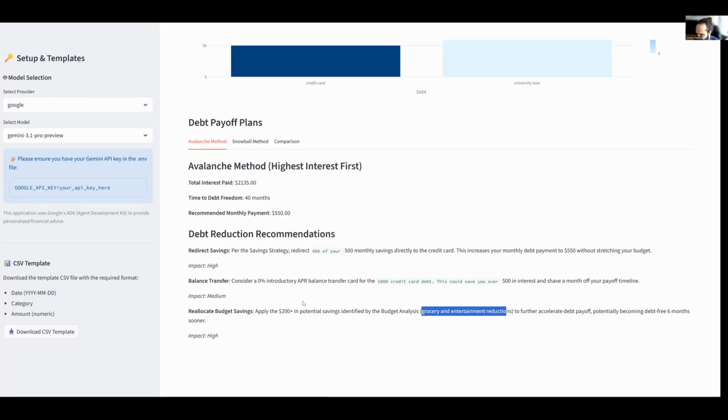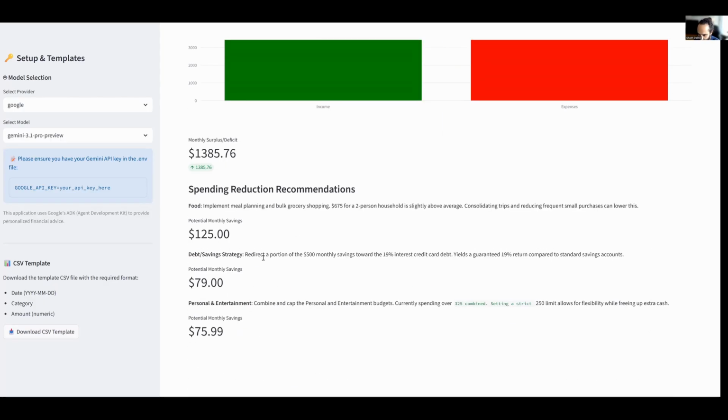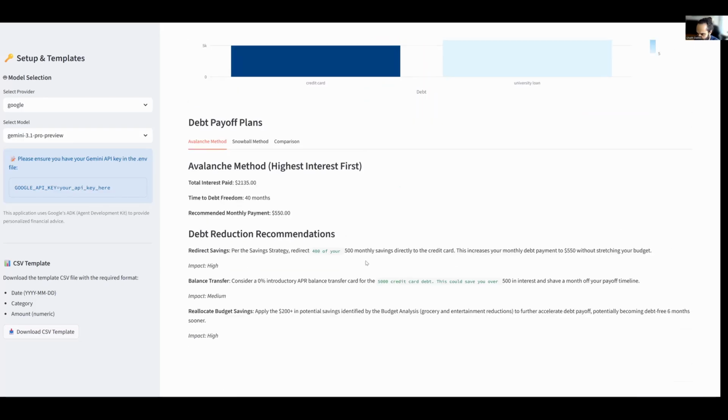So if we go back to our budget analysis agent, it's talking about the 200 plus related to grocery. So we have here 125 and entertainment, so it's $201 and apply these savings to further accelerate debt payoffs.